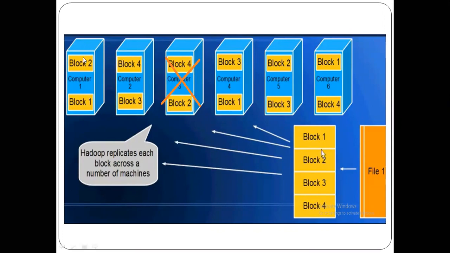In such a case, block 2 will be received from another data node. Here computer 1 is considered as data node 1. In such a case the client will receive block 2 from data node 1. So here it says that data node 3 has failed. In such a case, this data node is completely removed from the HDFS pool.